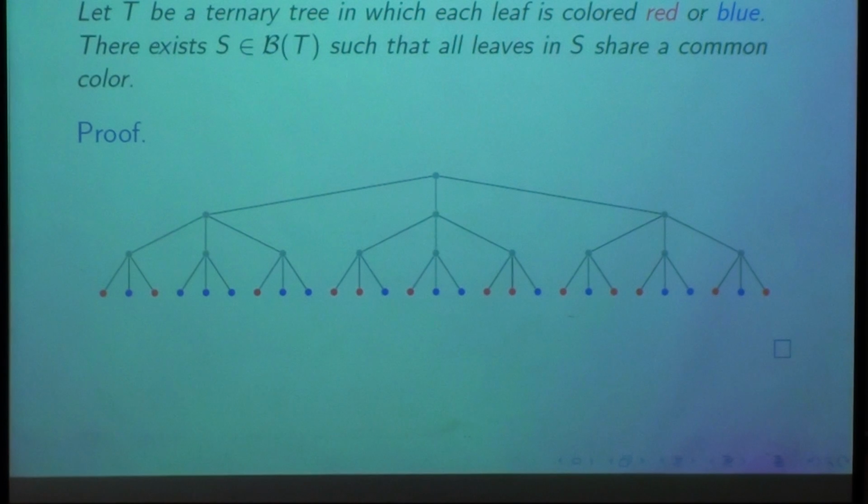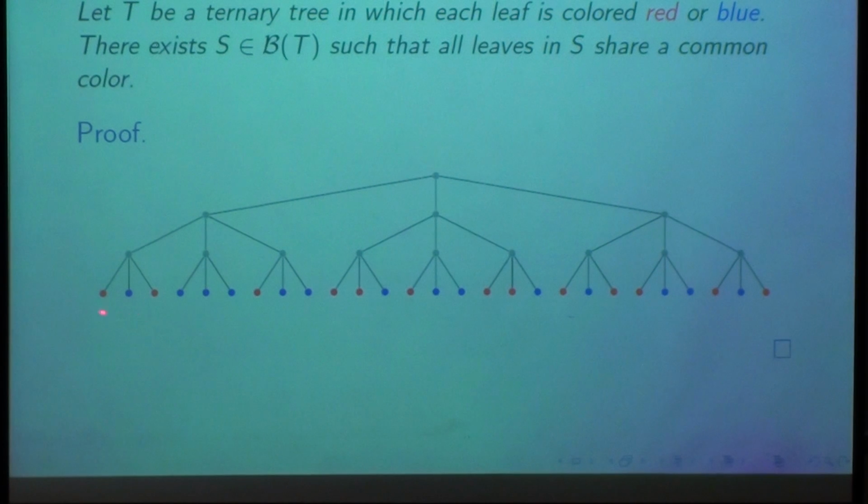And probably while I'm speaking, maybe some of you already see the proof. So no words in this proof, just a picture. You have some ternary tree and all the leaves are colored either red or blue. So inductively, find monochromatic binary subtrees of the subtrees that are children of the root.